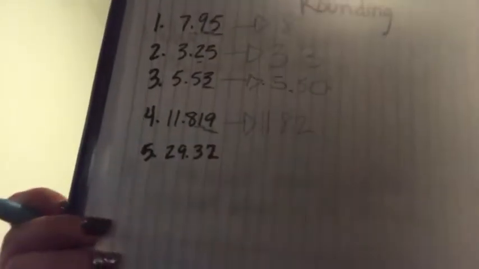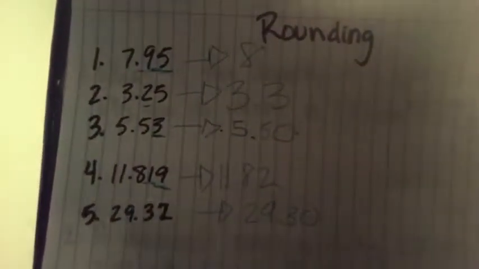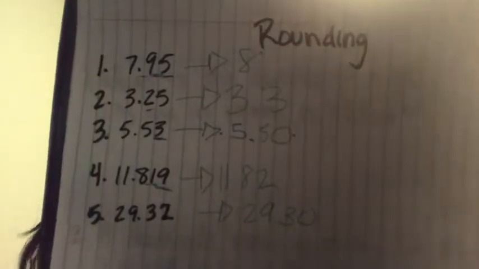Lastly, 29.32. Whenever we round, 2 is lower than 5, so we have to round down, which would be 29.30, like that. So if it's 5 or more, you round up. Lower than 5, you round down.